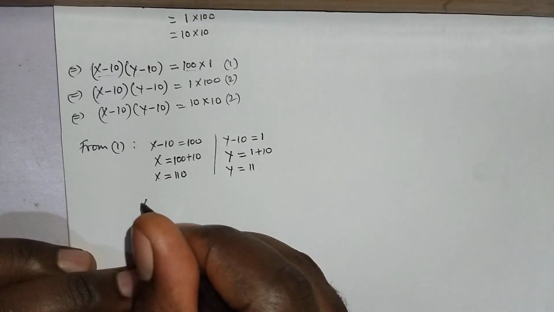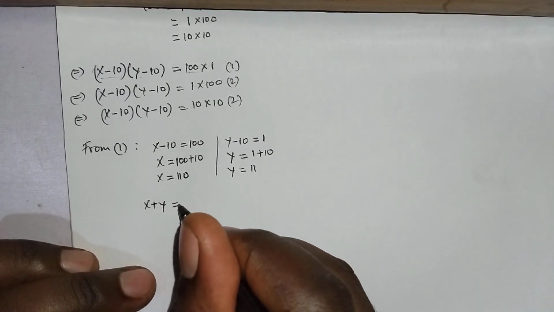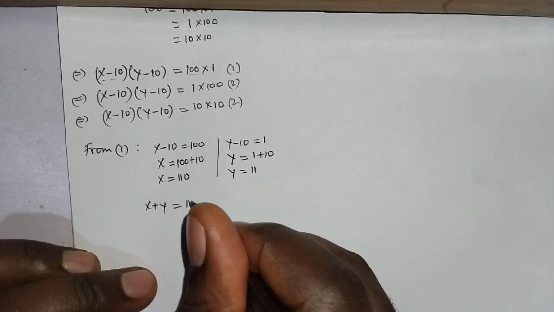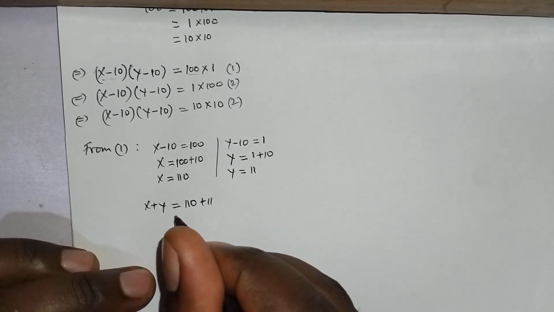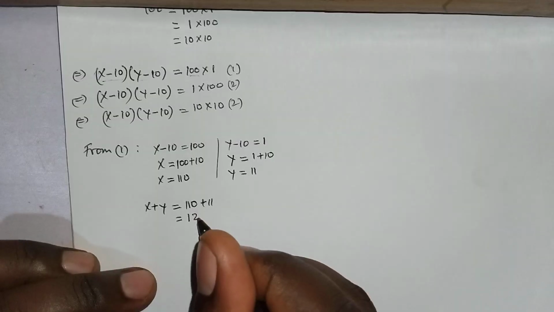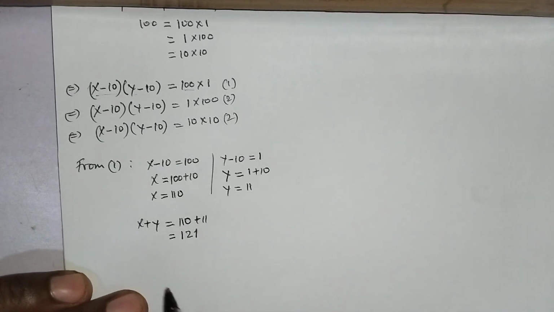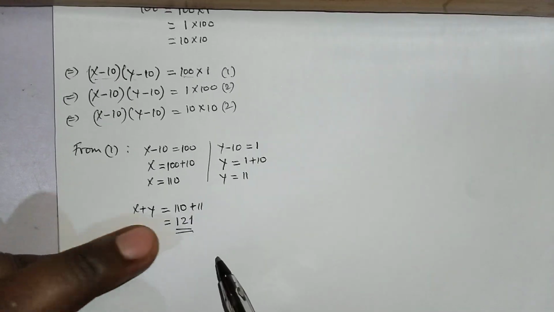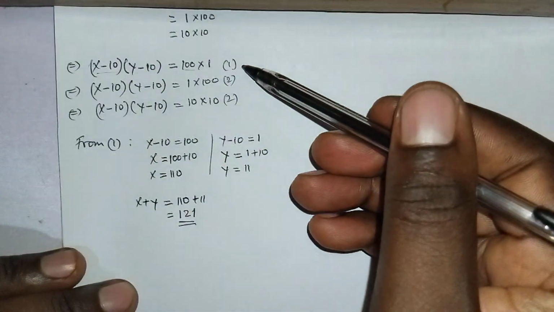So here x plus y is equal to 110 plus 11, which is equal to 121. This is the value of x plus y from equation 1.